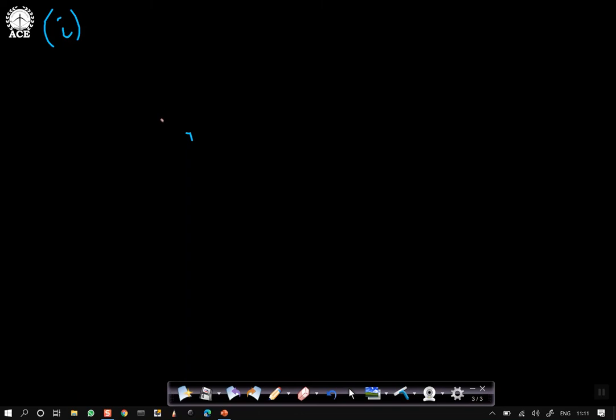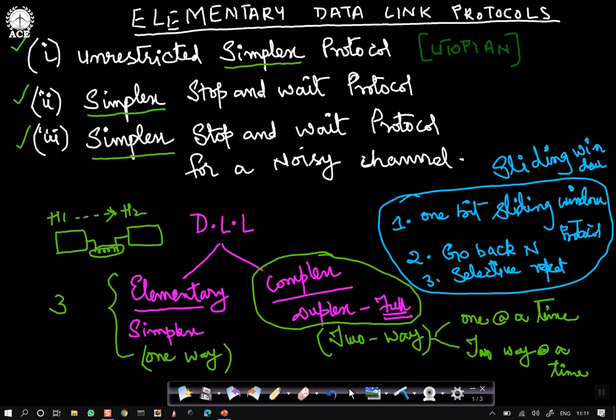Okay, so let me, this pen is getting deselected. Just hold for a moment. All right, now it has come. So unrestricted simplex protocol, or also called Utopian.